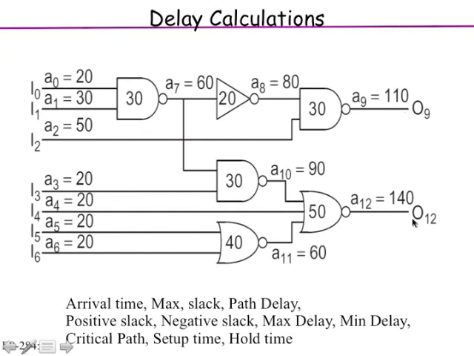And then at the outputs, again you have two flip-flops which capture the data. So what you have here is the circuitry in a single pipe stage between flip-flop to flip-flop. Now, we just want to illustrate the various timing definitions which are used to understand the delay of digital circuits.